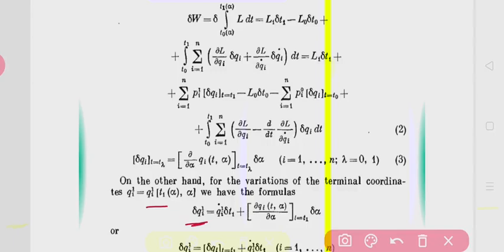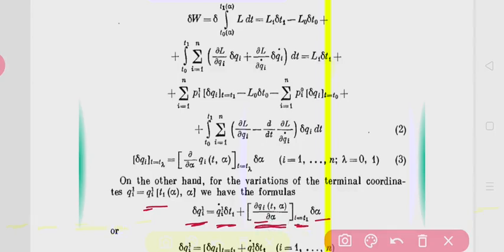So I write down curl q_i1 by curl t1, that is written as q_i1 dot, into delta t1 as I have written over there, plus, for the second variable, curl q_i1 by curl alpha into delta alpha. I say that this is curl q_i1 by curl alpha at t1 alpha, so I just applied it, curl q_i t alpha at t equal to t1.